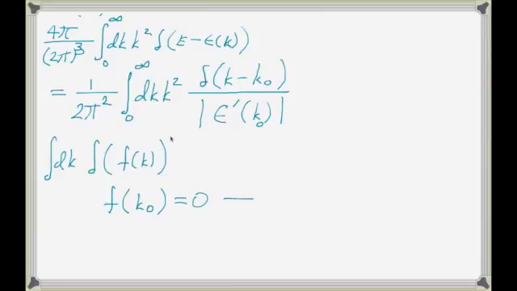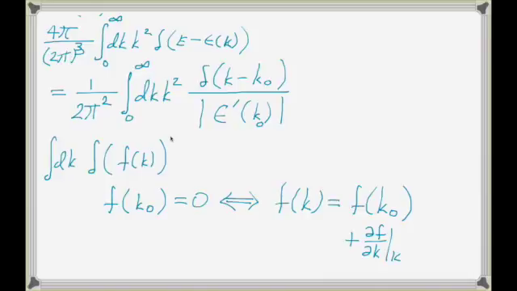And so near k0, f of k equals f of k0, which is 0 by definition, right? I'm going to do a Taylor series expansion, plus df/dk evaluated at k0 times k minus k0.